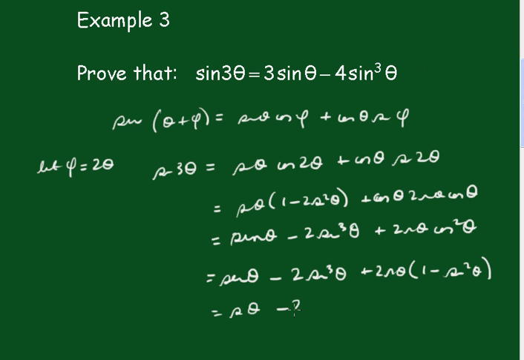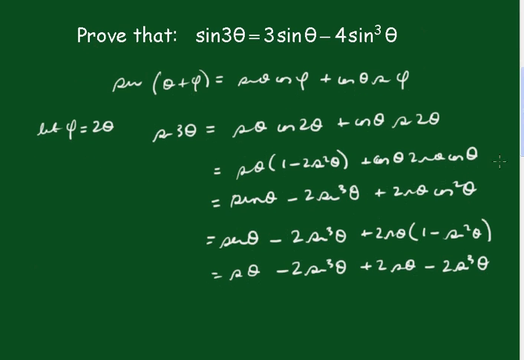Sine theta minus 2 sine cubed theta plus 2 sine theta minus 2 sine cubed theta. And that will give it to us now. We get, collecting like terms, there's our 3 sine theta minus our 4 sine cubed theta.